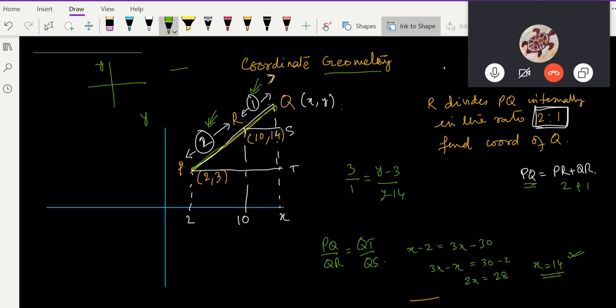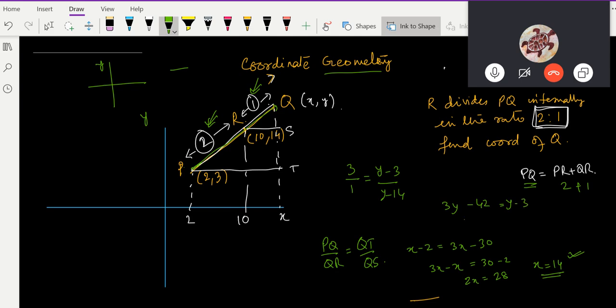So next, 3y minus 42 is equal to y minus 3.